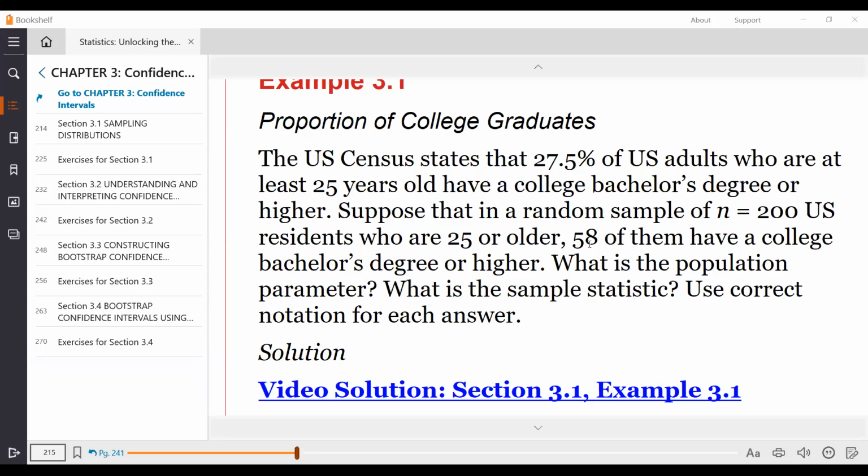Now, if we ran this sample many, many times, maybe all of you in the class would do this sample, we'd probably get all different answers, right? Everybody would get a different answer. Some of them will be larger than the true population proportion, which is 0.275. This one is bigger, 0.29. And some of you will get answers that are smaller than the population proportion. So there's going to be, this is called sampling variability.